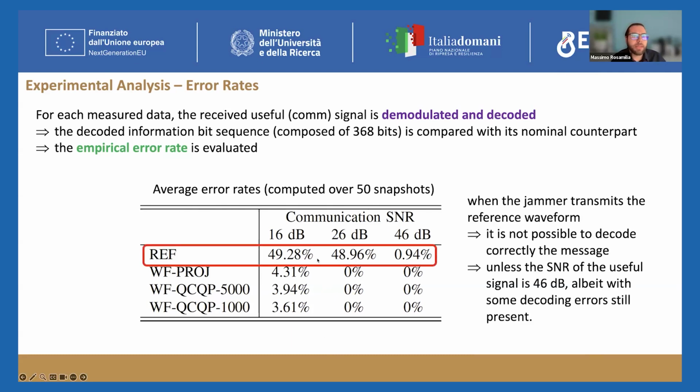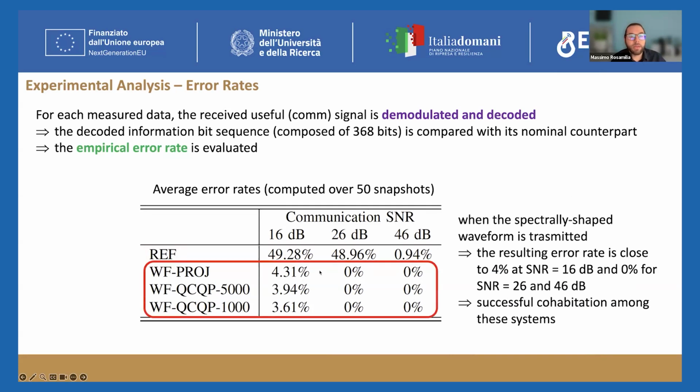And basically, we can see that when the reference signal is transmitted, so when the barrage noise is transmitted, it is not possible to decode the information. Indeed, we have average error rates close to 50%, unless the communication SNR is 46 decibel, albeit with some error still present.